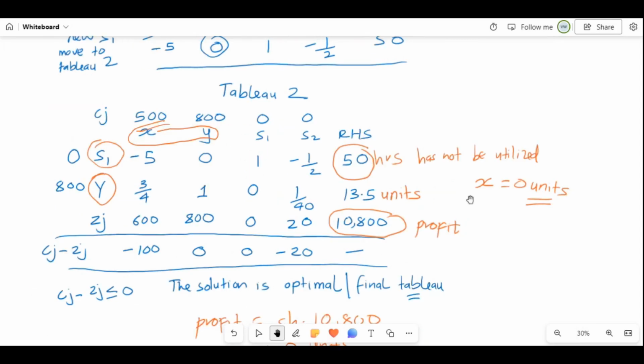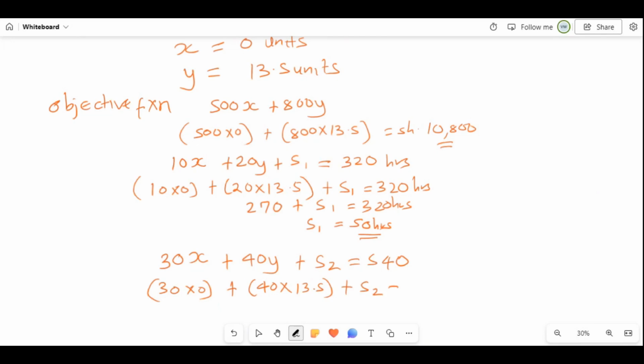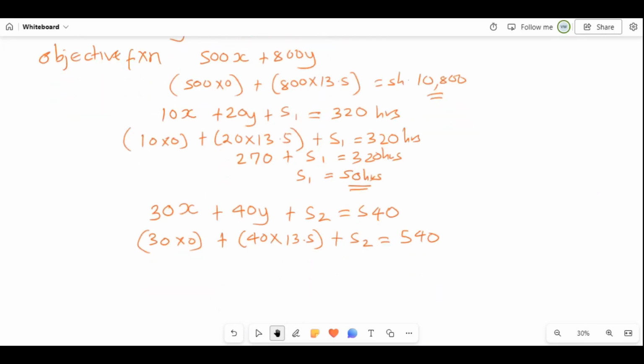So this is 30 times 0 plus 40 times 13.5 plus S2 should be equal to 540.